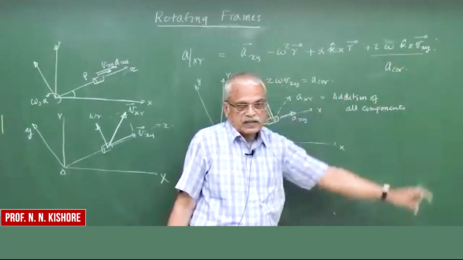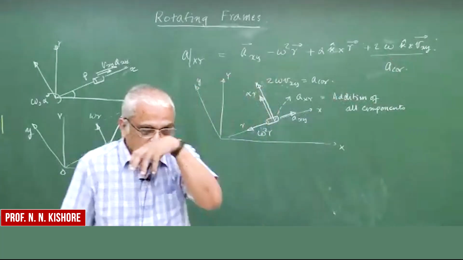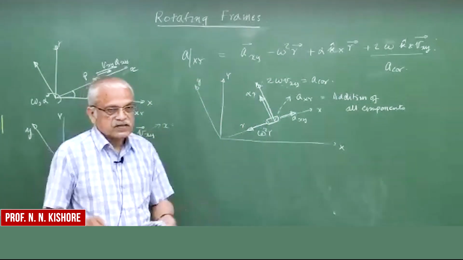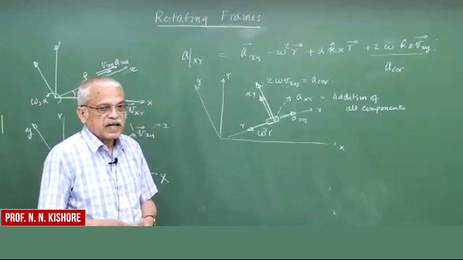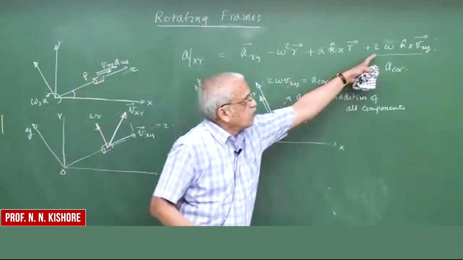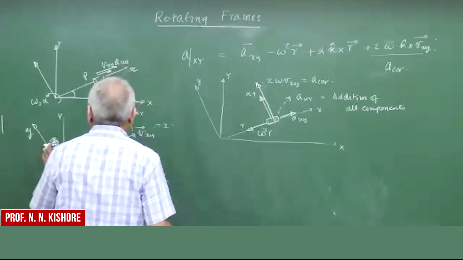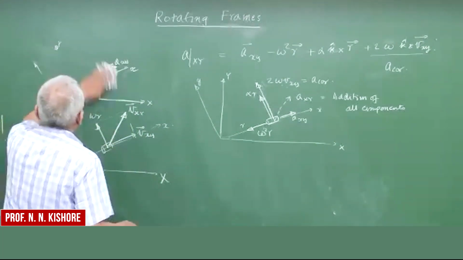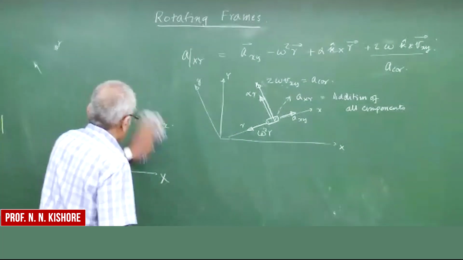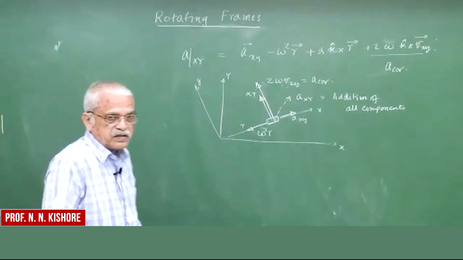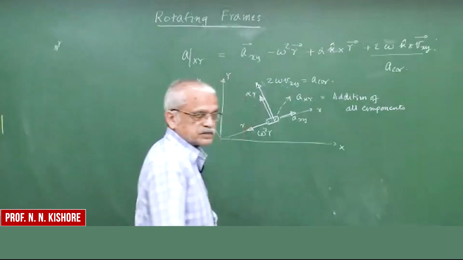Only this one is different, because it comes from an interaction between the sliding velocity vxy and the rotation of the rotating frame, that is omega. I explained it last time, but let me repeat it all the same.